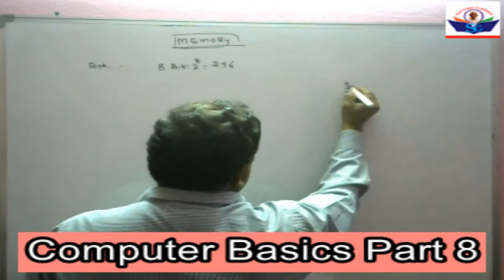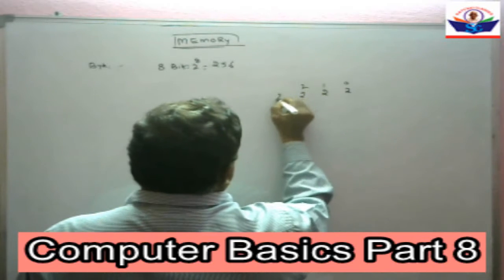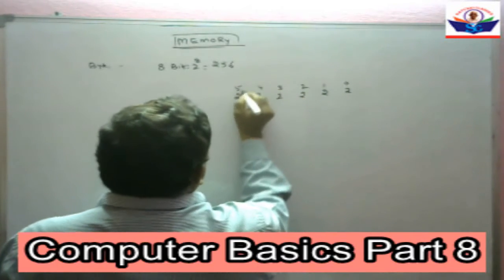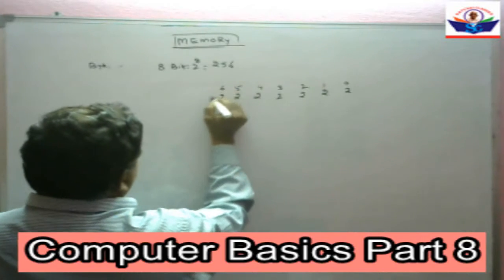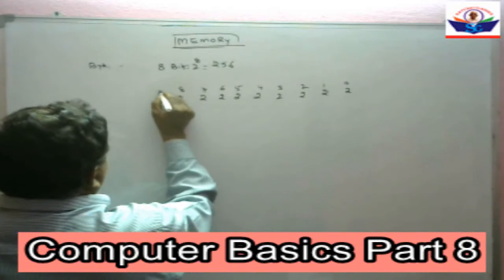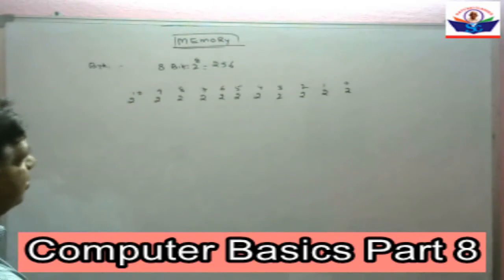2 power 0, 2 power 1, 2 square, 2 cube, 2 to the power of 4, 5, 6, 7, 8, 9, 10.